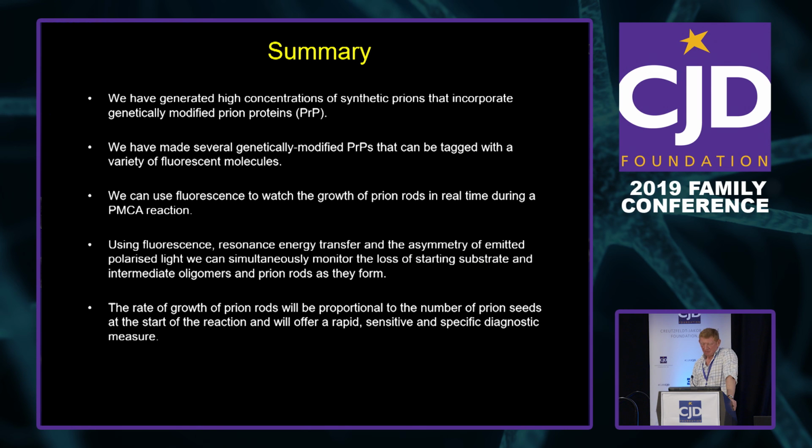So in summary, we can make synthetic prions at very high concentrations and high infectious titers. We've now got a whole range of genetically modified PrPs, several of which are made and refolded. We can tag these very specifically by having these cysteine residues. That allows us to put the fluorescence tags in very specific locations.